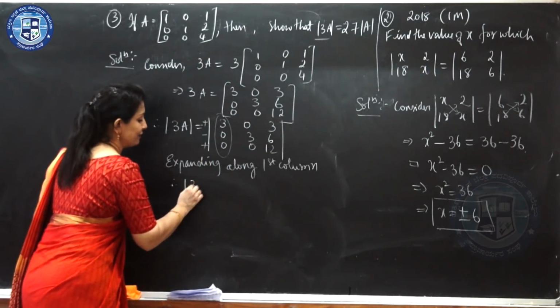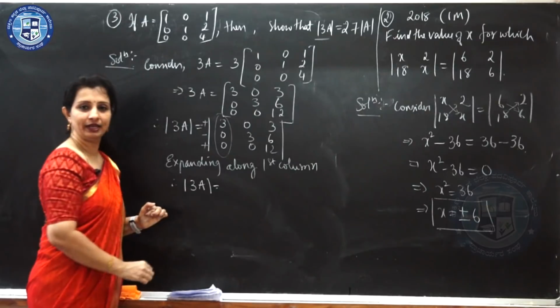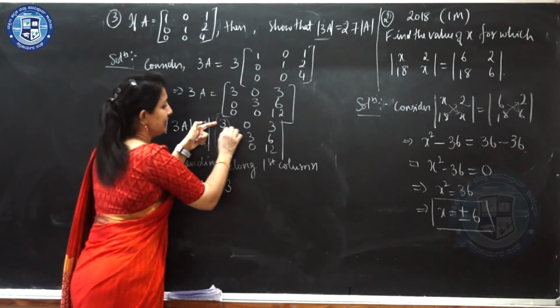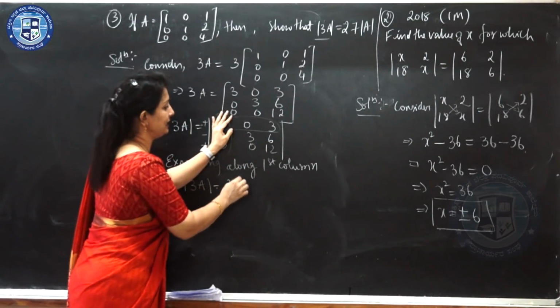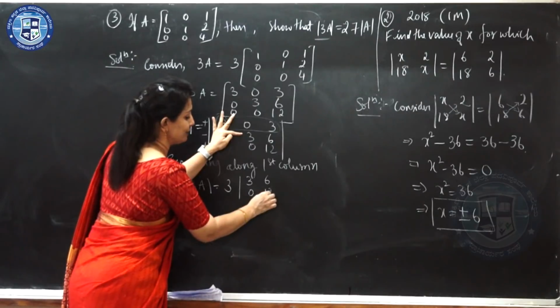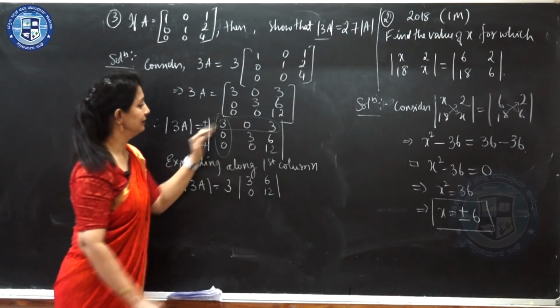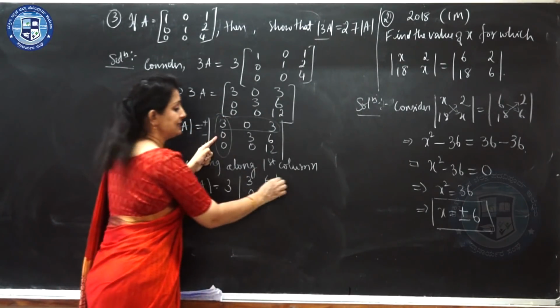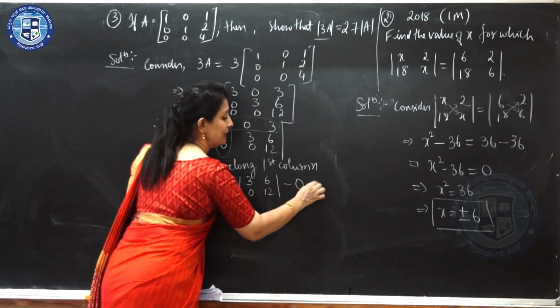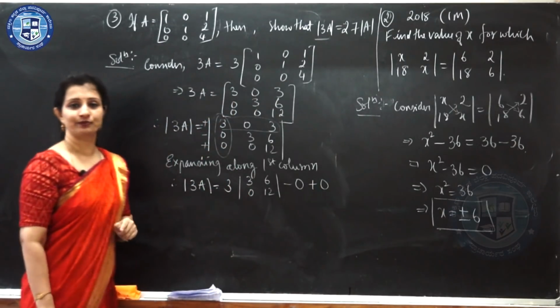So determinant of 3A equals, how will we expand? Plus 3 into, delete the row and column where 3 is, remaining elements 3 6 0 12. Now the second element is 0, since this minus 0 is written, plus the third element is also 0.